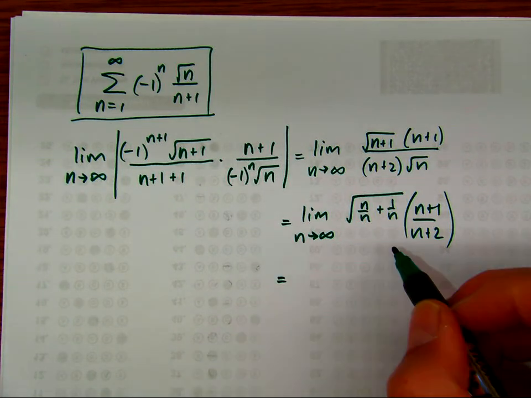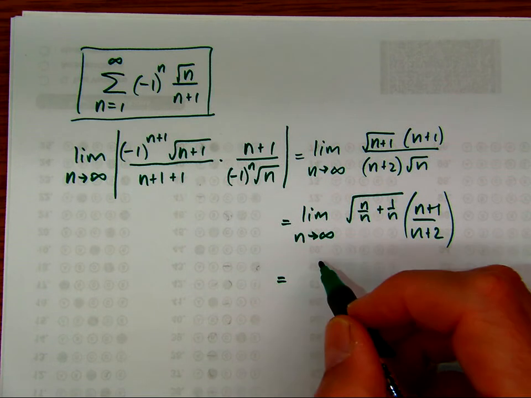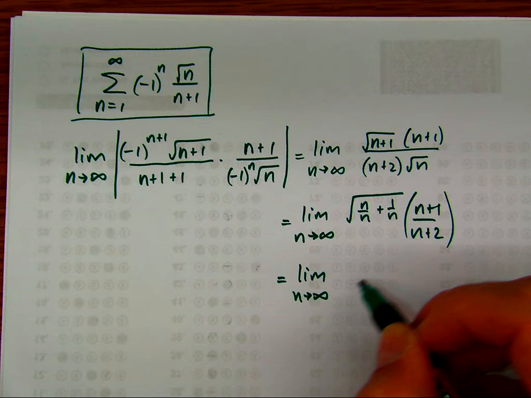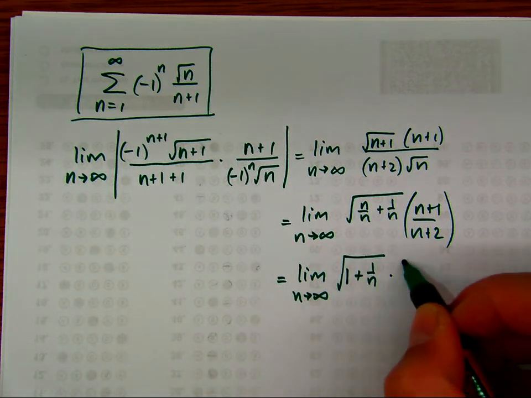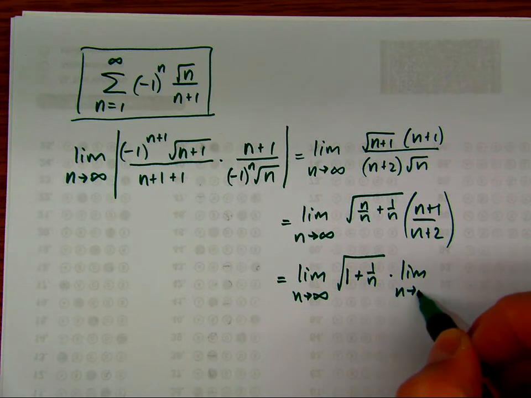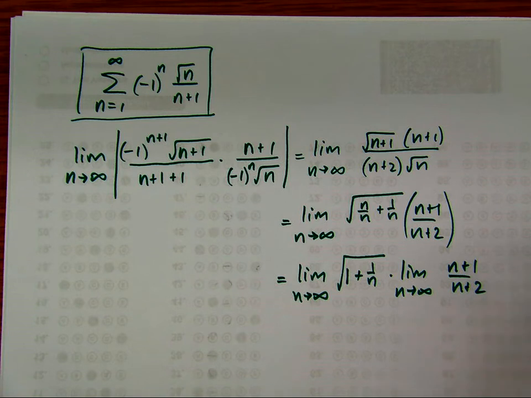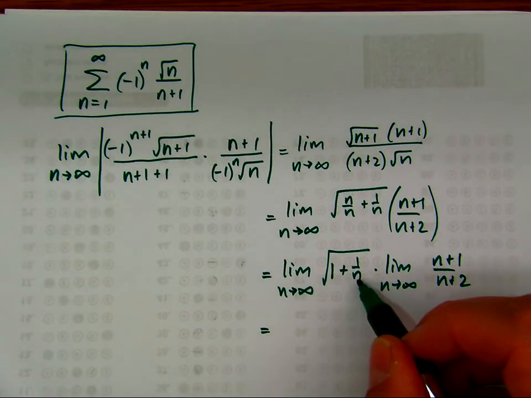And if we just look at this one, we have limit as n goes to infinity of 1 plus 1 over n times the limit as n goes to infinity, as n goes to infinity, that'll be a 0.